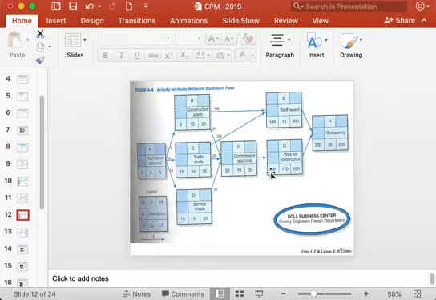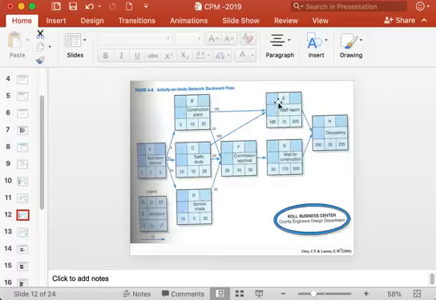So for activity G to start latest by 30 days, activity F must finish latest by 30 days. So the 30 days value is put here. And this activity F can start at the latest after 20 days, which is 30 minus 10, 20.